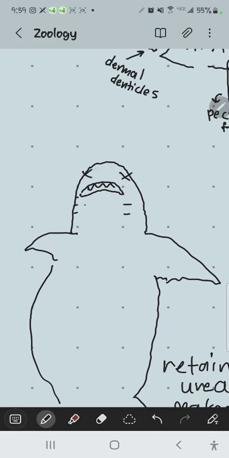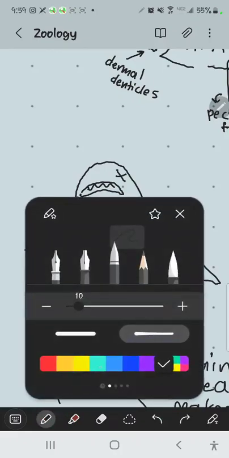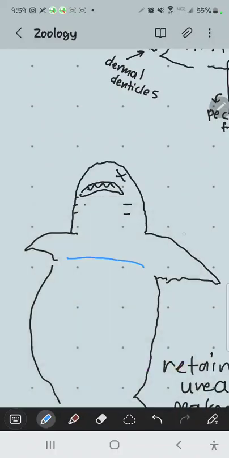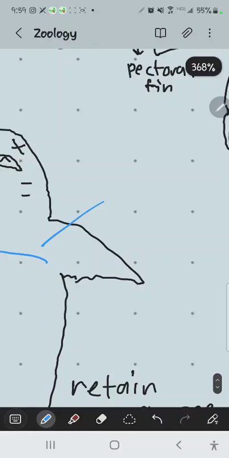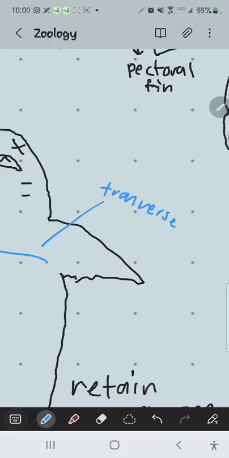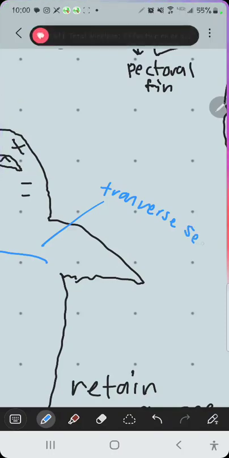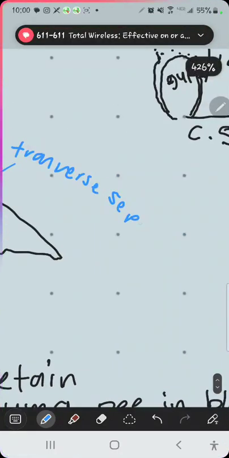And the transverse septum is a membrane that separates the gut cavity, the peritoneal cavity, from the pericardial cavity, which is around the heart. So the heart cavity is above or anterior of the transverse septum, and the gut structures are all posterior of the transverse septum. So let's focus in on the gut first.